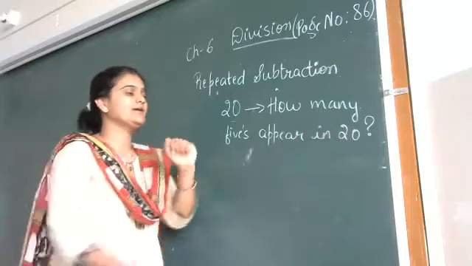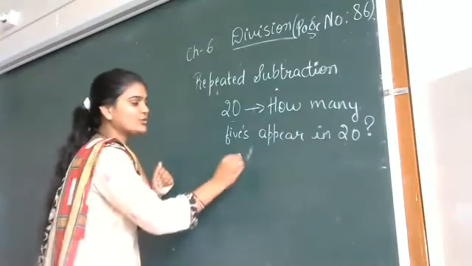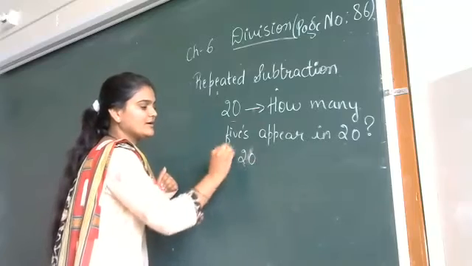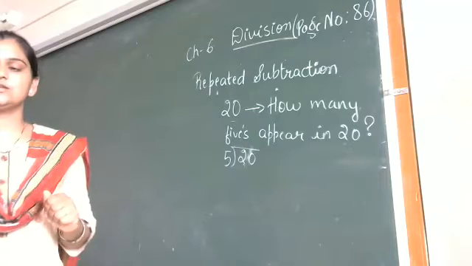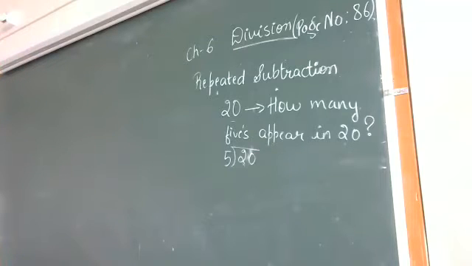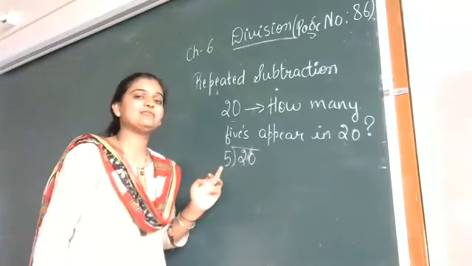Okay. What will you do here? To see how many fives are there in 20, what will you do? You will do division. Yes or no? Yes, ma'am. So children, tell me, how will you divide 20 by 5?